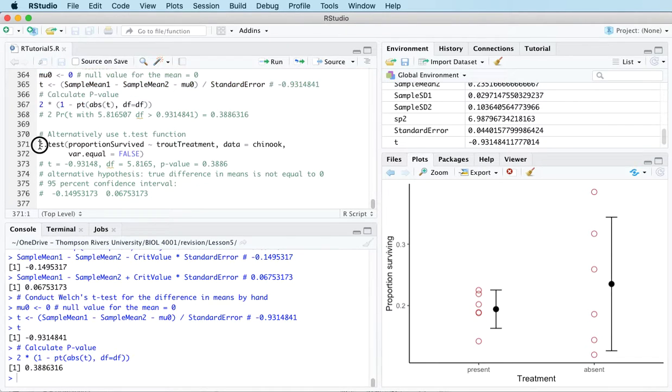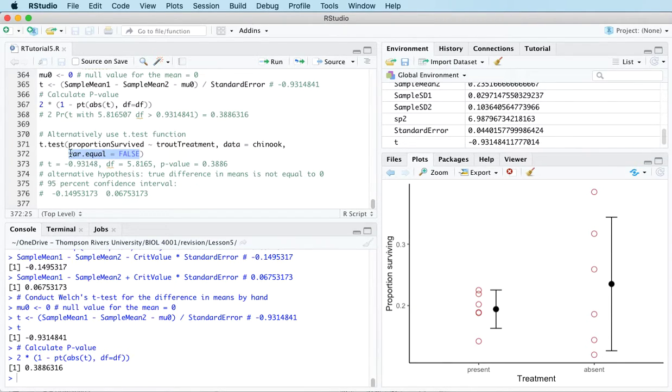Alternatively, once you're comfortable with what's going on here, we can use the t.test function. So here's my formula that I'm using. Remember this tilde again, we talked about that before in the last video. So here's my response variable, here's my predictor variable, and this time I have to set var.equal as false, because we're not assuming equal variances in the populations in this case.